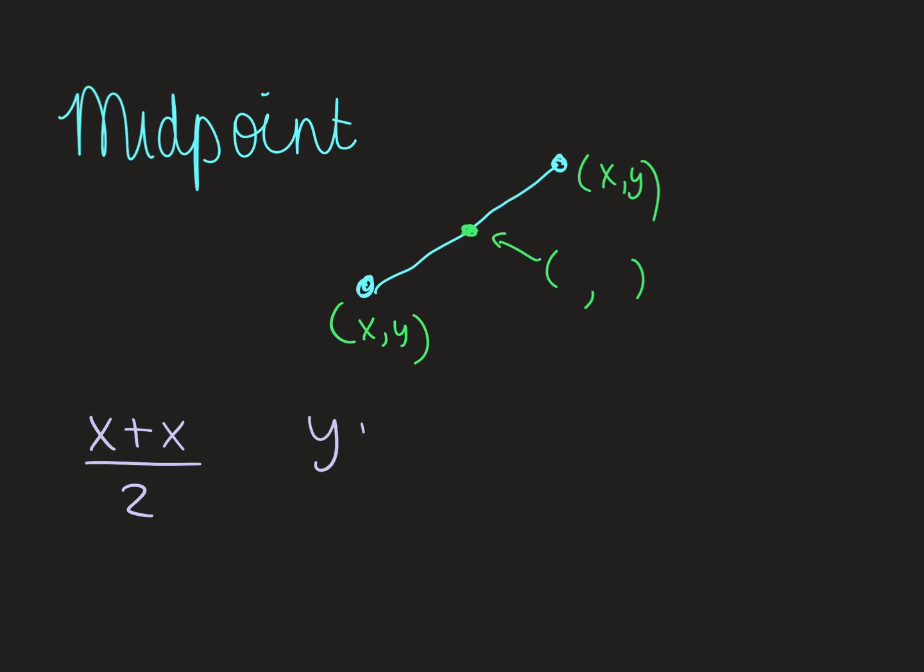We're going to add the y's and divide by 2. We're finding little mini averages. I'm going to take this x plus this x, and since I'm adding 2 different numbers, I'm dividing by a 2. It's like a little average. Find the average of the y's. The answers go inside of parentheses with a comma separating them.